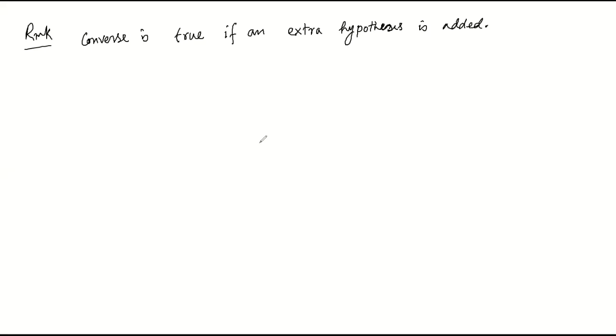So theorem 2 says that, this is the statement: let f equal to, again, f1 and so on, fm.